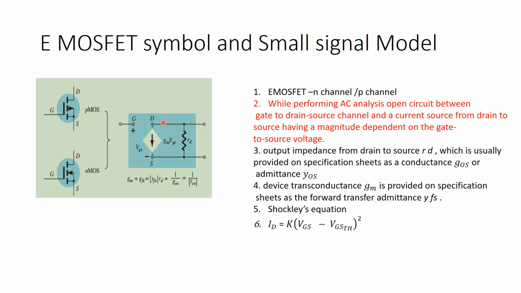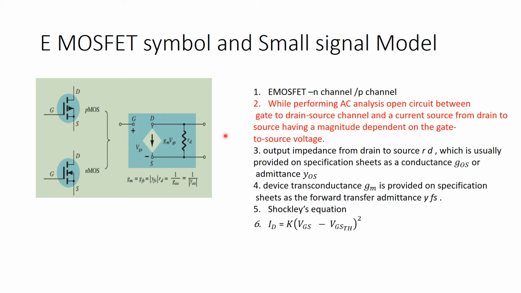Here is a current source. Generally the impedance at the gate terminal is in megaohms, so it is very large and acts as an open circuit. Between the drain and source there is a current source, gm VGS, where the voltage between the gate and the source is VGS.